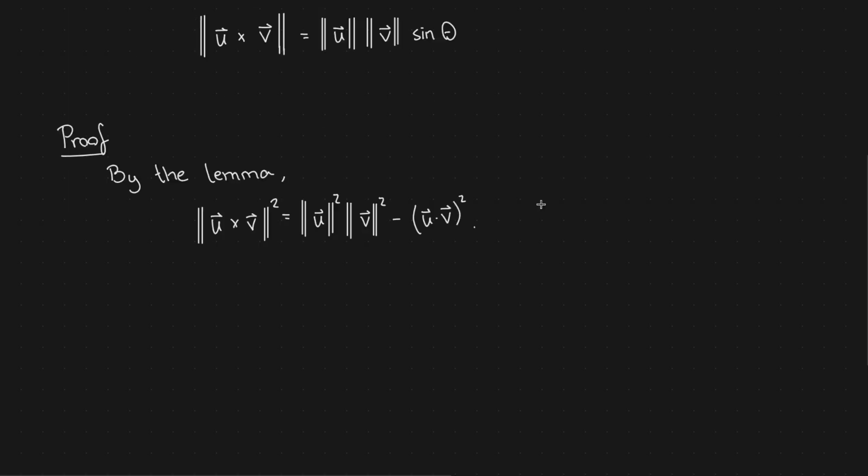But what do we know about the dot product? Recall that u dot v is equal to the norm of u times the norm of v times cosine of theta.